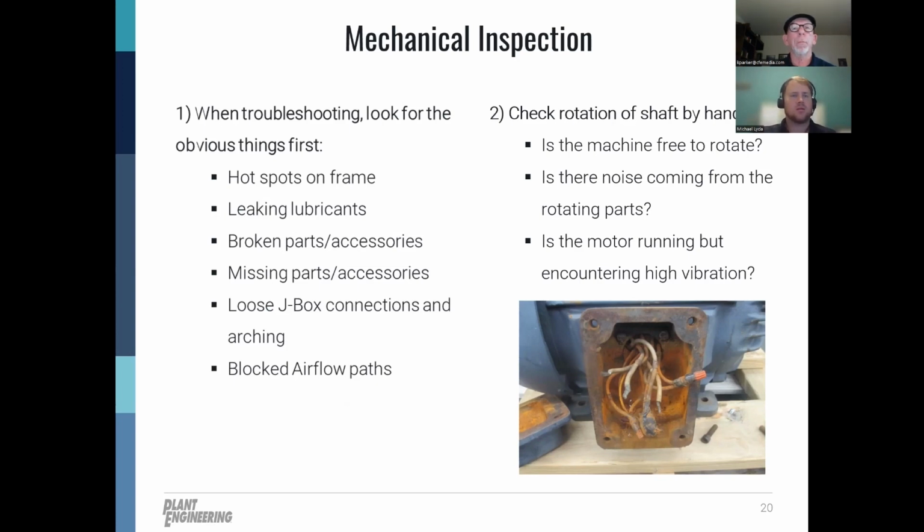And then one other thing to look at: blocked airflow paths on a totally enclosed fan cooled motor, or applications that cause the fan cover vents to get blocked from materials in the environment.